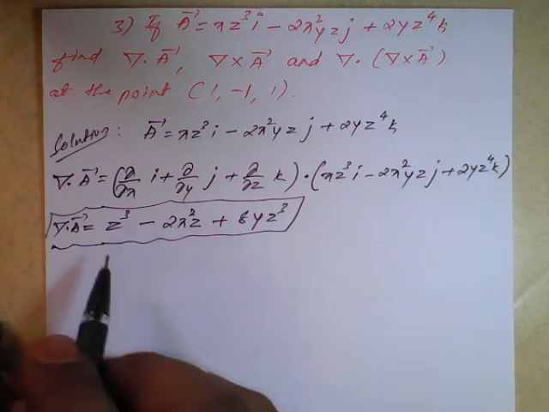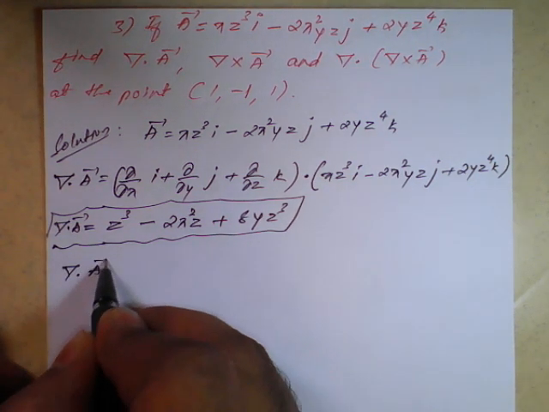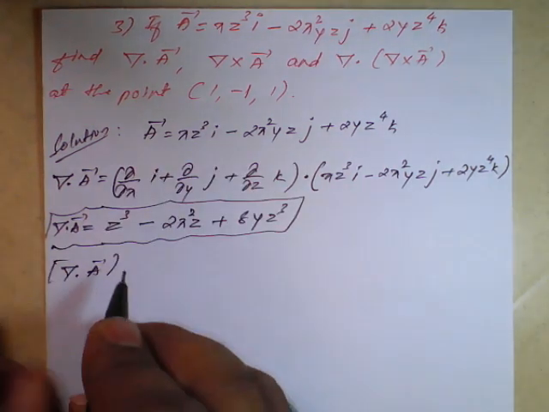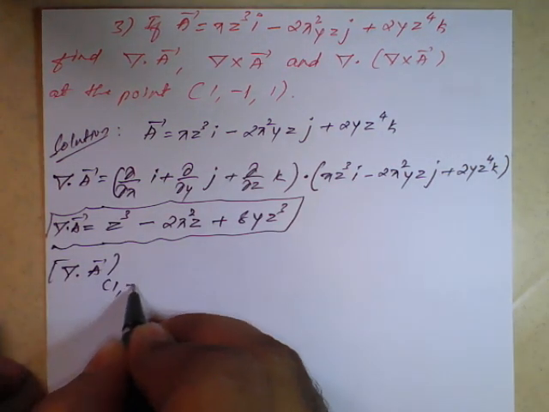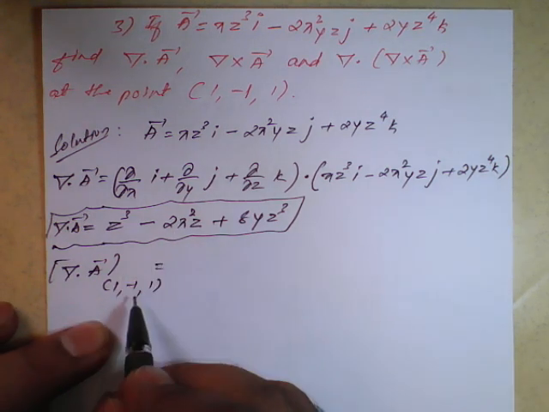And when you pass this to the point, you have to pass through the point 1, minus 1 and plus 1. So x is 1, y is minus 1 and z is 1.